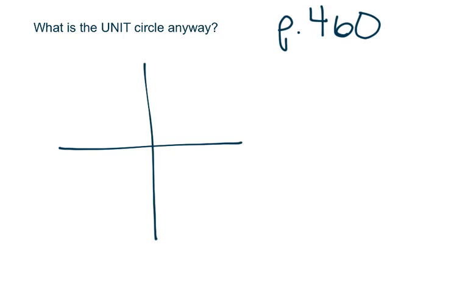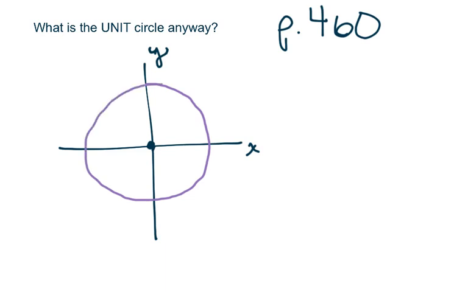When we say unit circle, think of this as an XY coordinate grid. Here's the origin. If you drew a circle that has the same radius, obviously, and it was only 1 unit, so from here to here is 1.